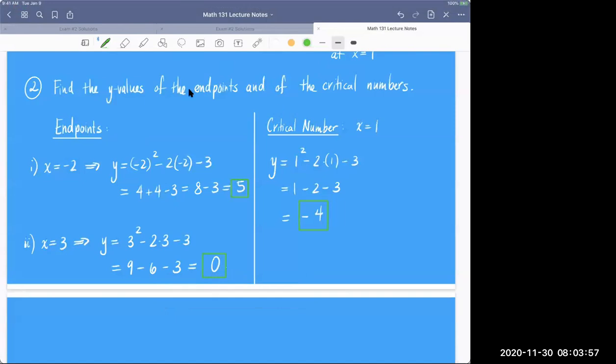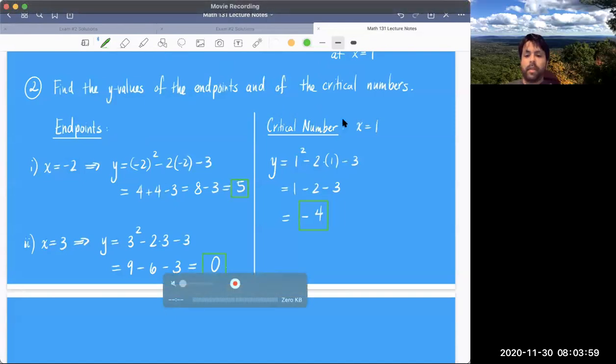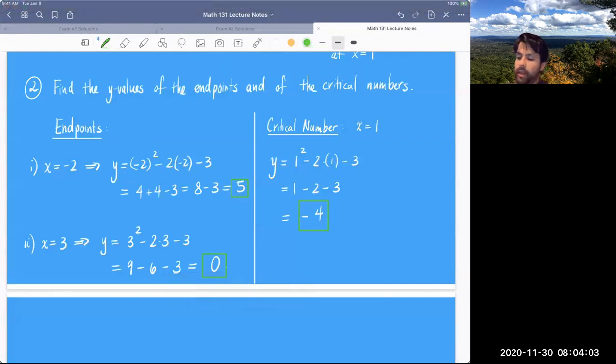Oh, whoops. Yeah, 5. Sorry, Andrew. 5 is my absolute max. Why is it my absolute max? Because it's the biggest y value that we see.